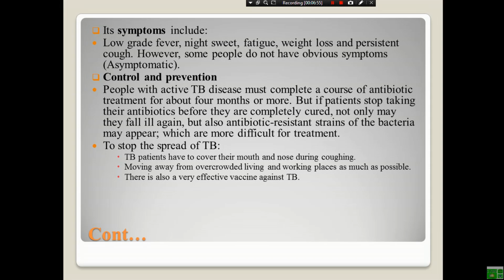So Mycobacterium tuberculosis is life-threatening if untreated. To stop the spread of tuberculosis, patients have to cover their mouth and nose during coughing and sneezing, and move away from overcrowded living and working places as much as possible in order to avoid transmission.